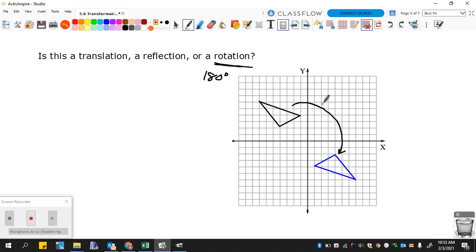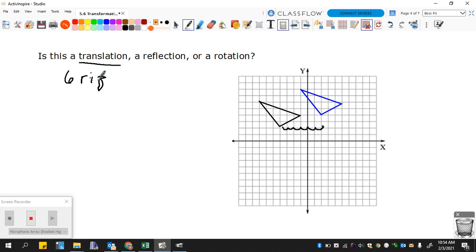Here I said we rotated 180 degrees. And here it was a translation. And what did we translate? We translated it 1, 2, 3, 4, 5, 6 spaces right. So it's a multiple translation, 6 right and 2 up.